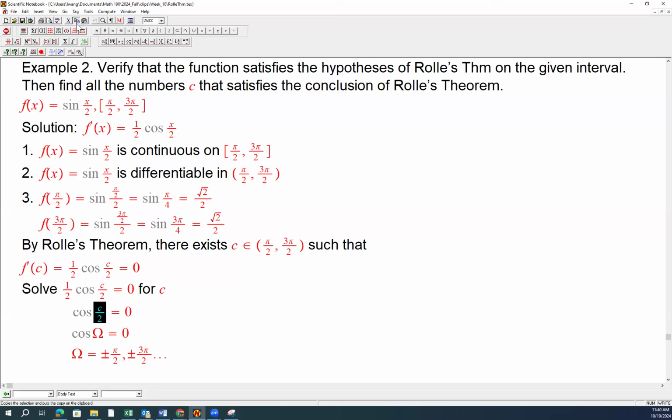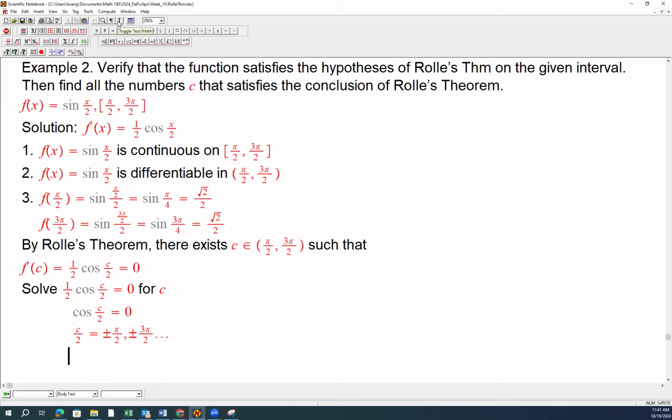So really, cosine of c over 2 is equal to 0, right? So we can forget about omega and just think of it this way. If c over 2 equals plus or minus pi over 2, plus or minus 3 pi over 2, what does c equal to?